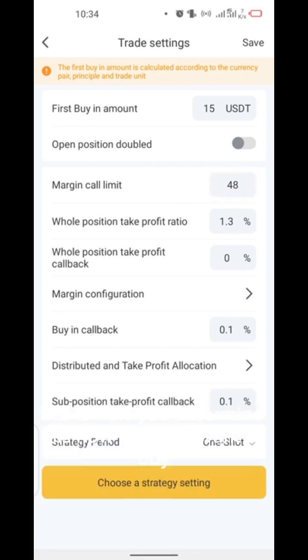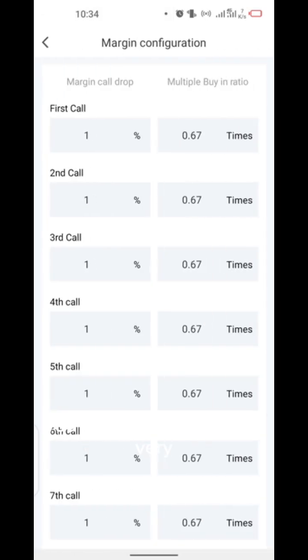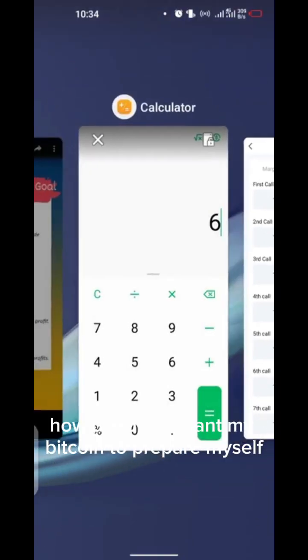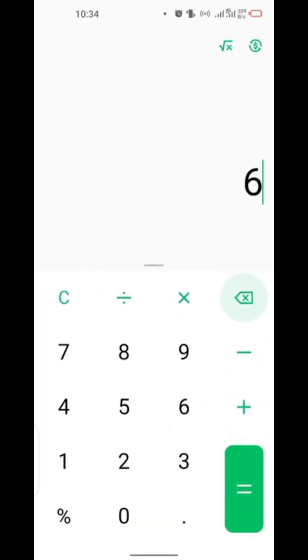Now, how you want to buy, you ask yourself. This is a very, very important question. With Bitcoin, how deep do I want Bitcoin to go? How deep do I want to prepare myself? Now you say, okay, the current price of the Bitcoin is 21,000.